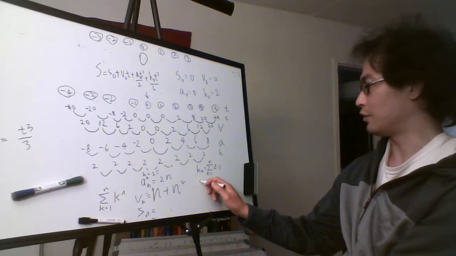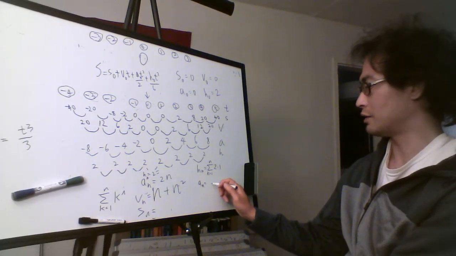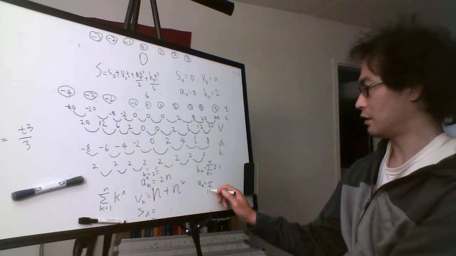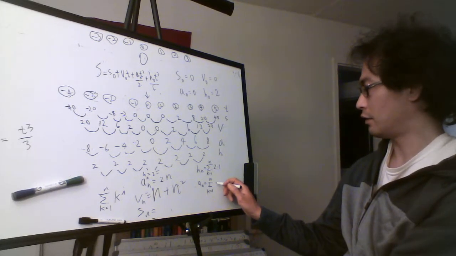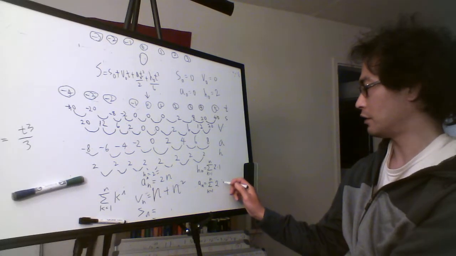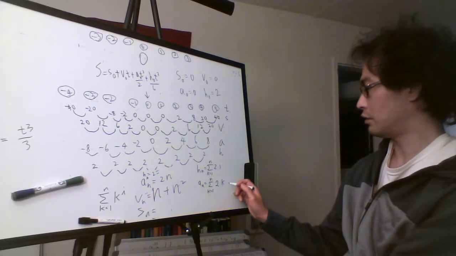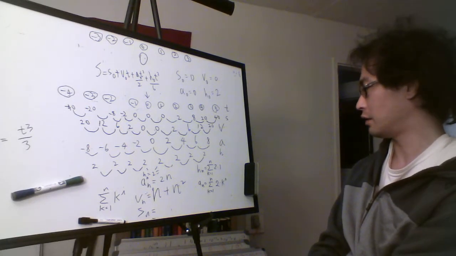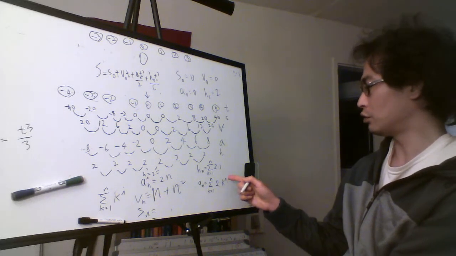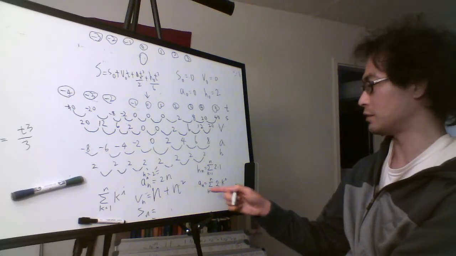Let's do An first because it's so confusing. Okay, sigma k from 1 to n of 2 times k to the 0th? Yeah, yeah, yeah. Which is 2, okay? So 2 plus 2 n times, that's 2n, okay?